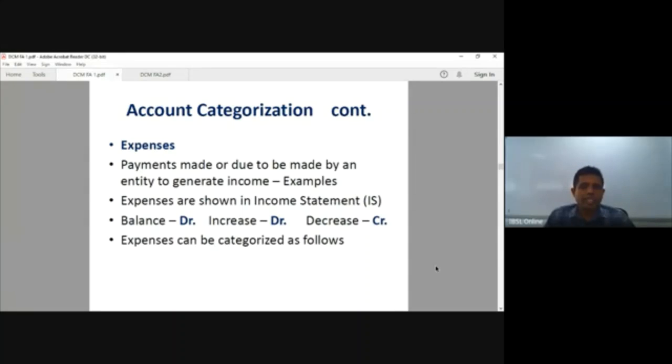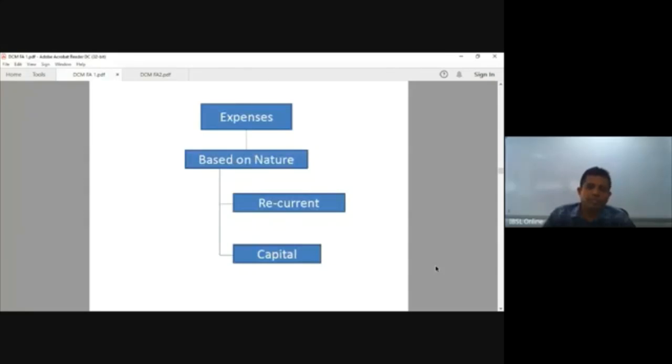Expenses can be categorized as follows: recurring expenses and capital expenses. Actually, the definition of expense is the recurrent expenditure only. Capital expenditure is not an expense; it will be an acquisition of an asset.